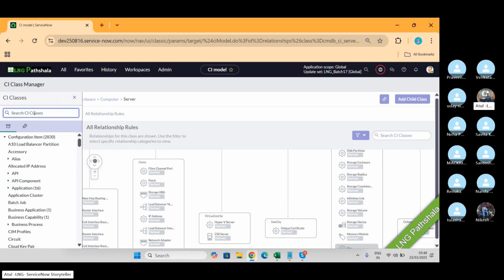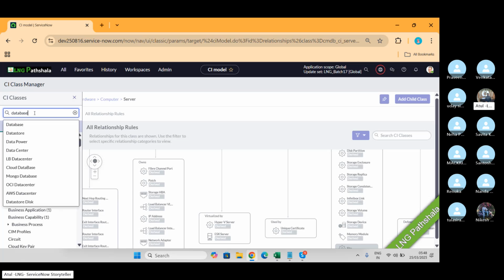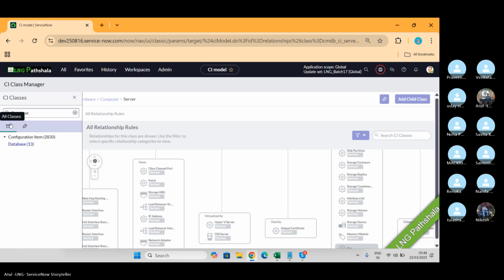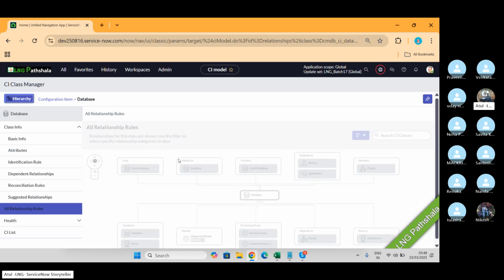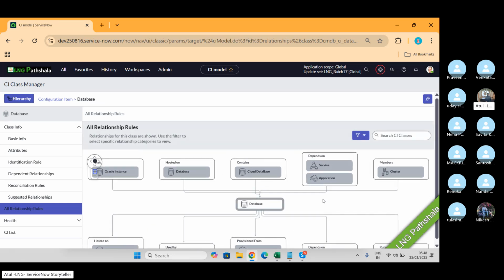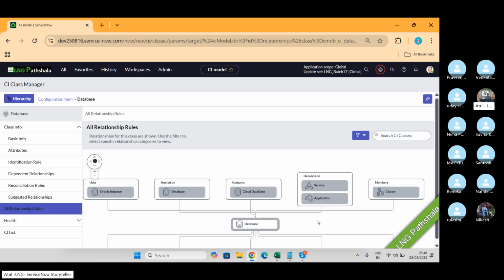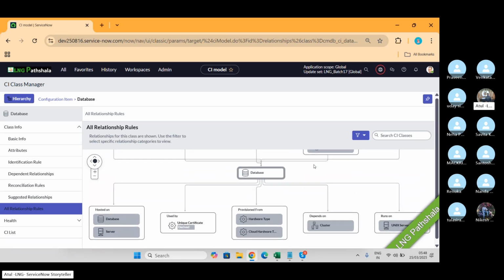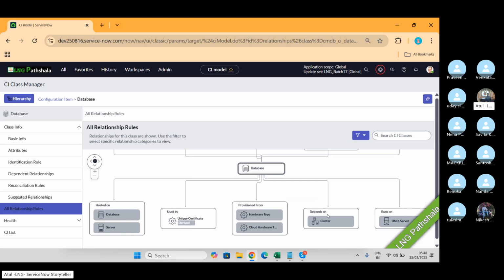Let me show you the database. This is easy. Service depends on the database. Application depends on database. Database depends on cluster. Database runs on Unix server.